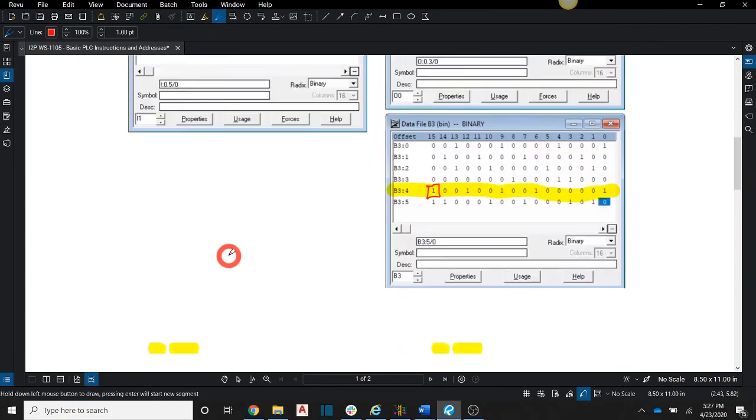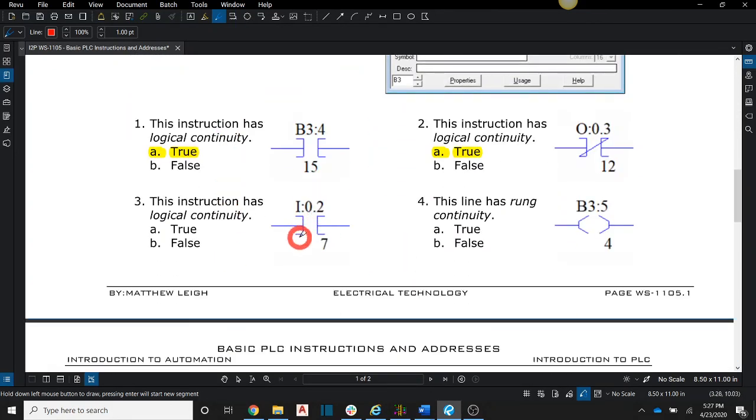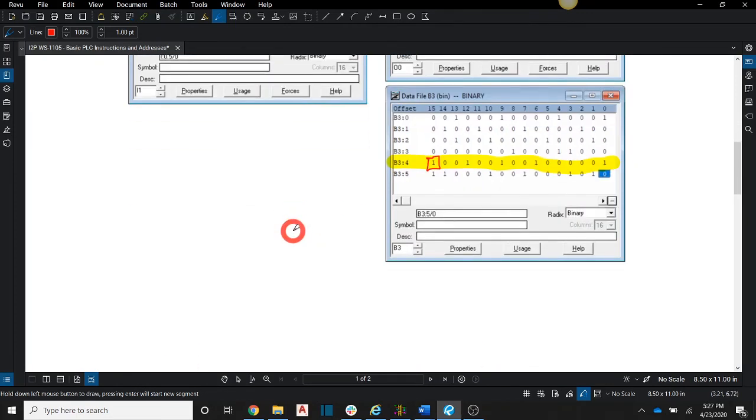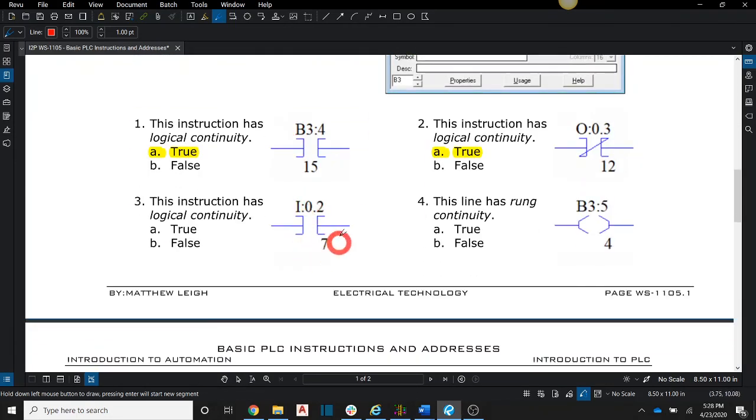Now remember my nickname for an examine if closed is test for 1. Well, we went to that address and we found a 0. So it did not pass the test. If it does not pass the test, we do not have logical continuity, and therefore the answer to this one is false.